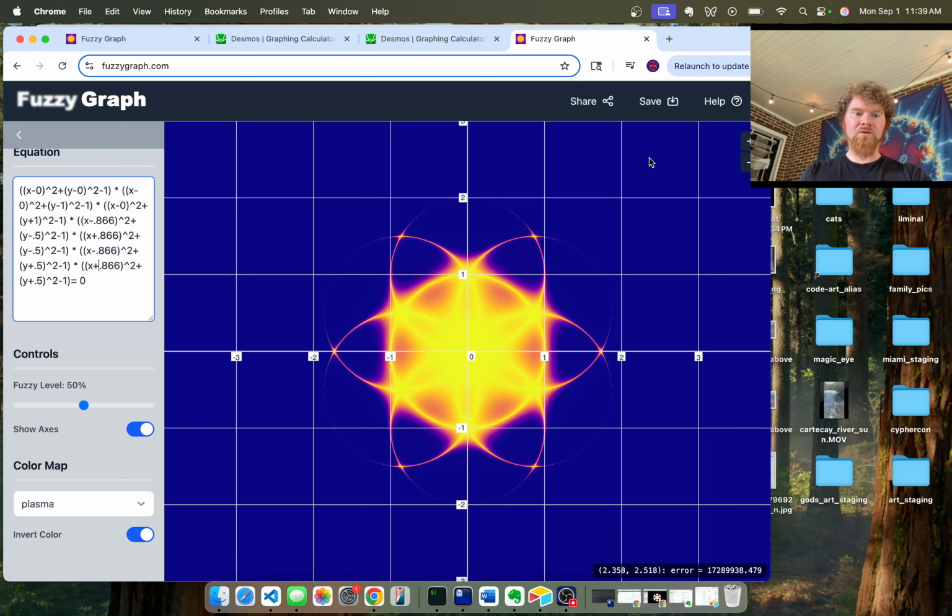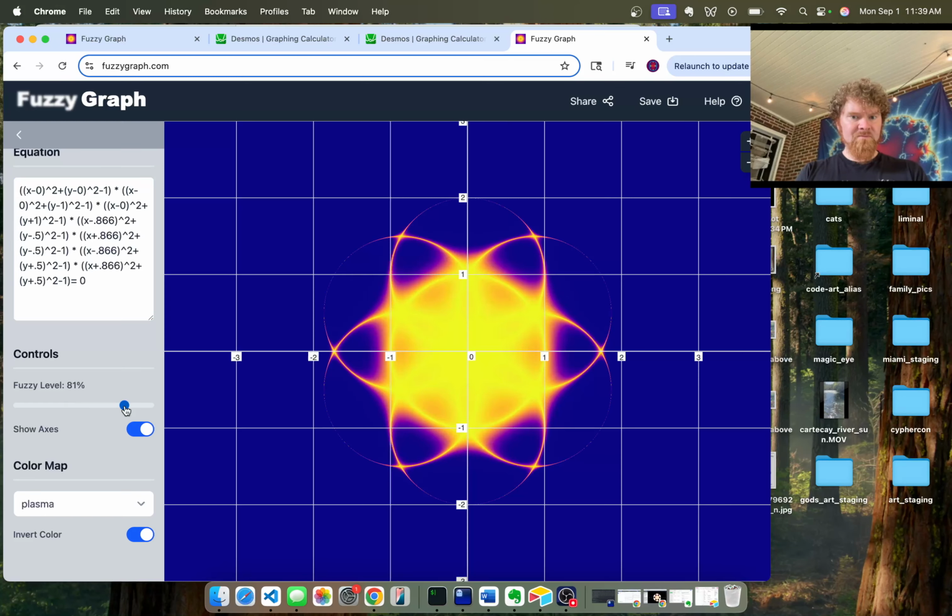So if the error in circle 1 is 5, the error in circle 2 is 10, that'd be 50 total. But it's 7 circles. So the error increases, and that's why you're getting some of this washing out here. And we could increase the fuzzy level some, but let me show you what happens.